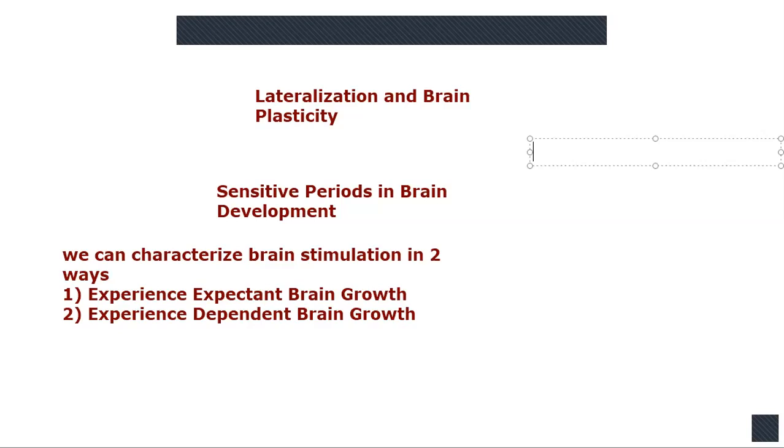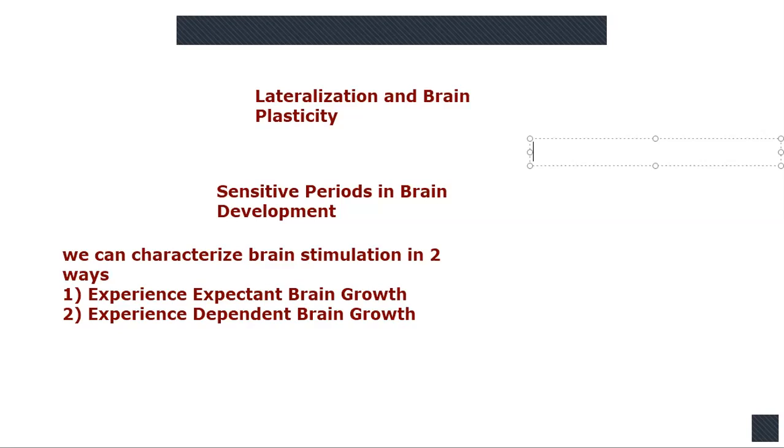Both these hemispheres are specialized for some specific functions. For example, our left hemisphere is specialized for reasoning, learning, logic, and planning. When we say these functions are specific to the left hemisphere, it means that the left hemisphere is predisposed to acquire these learning abilities, whereas our right hemisphere is predisposed to specialize in functions like creativity, intuition, and spatial skills.